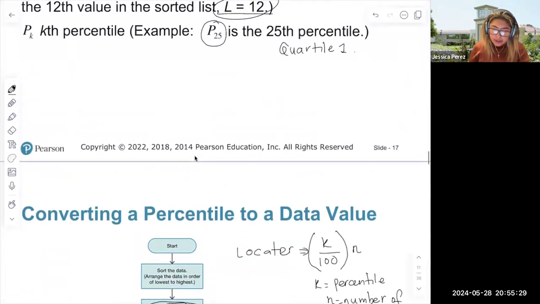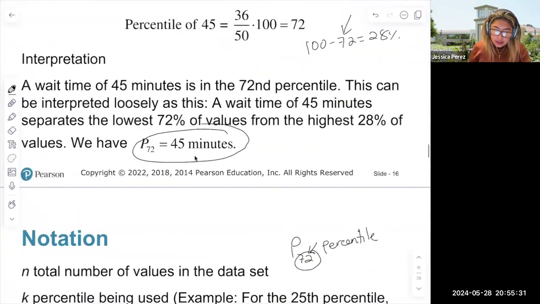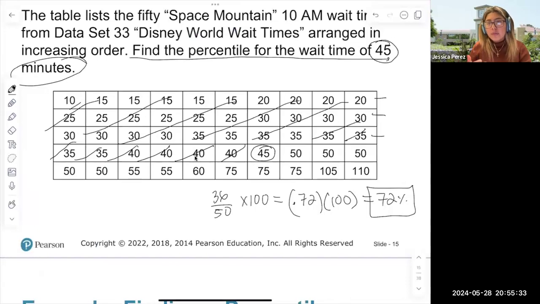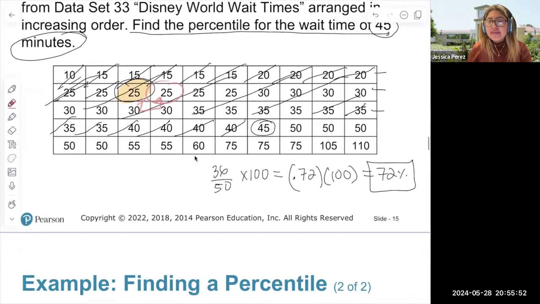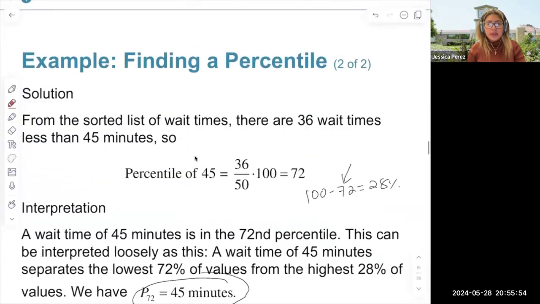If L was 12.13, I'll count 1, 2, 3, up to 12, and then the 13th would be 25. If it was 13, I would have to look at the 13th and the 14th, then add them and divide by 2, the median. That's what the whole number case is for.